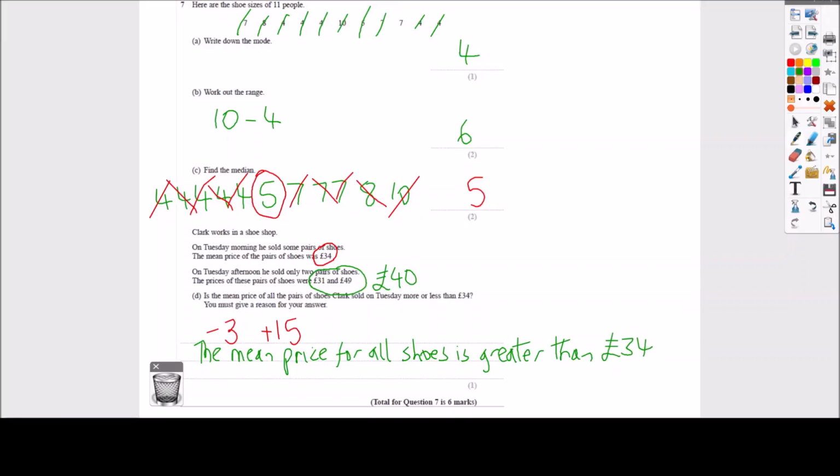I'm going to go for the second reason, I think, because the mean of the afternoon shoes is 40, which is greater than 34.